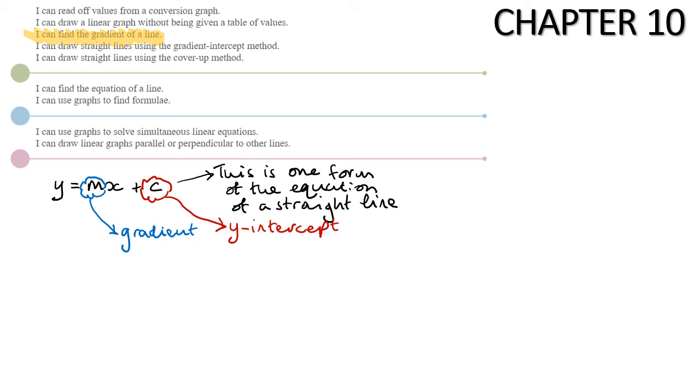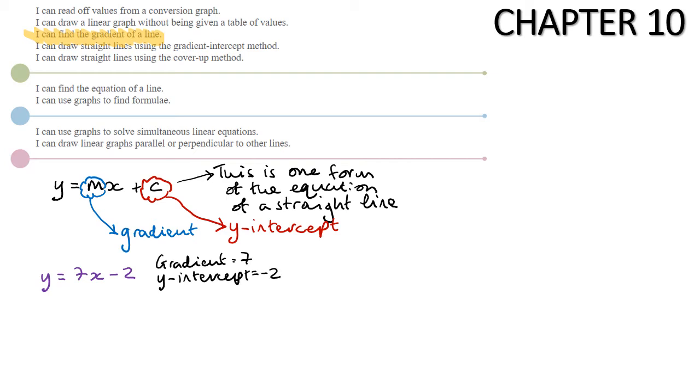So the number in front of x gives you the gradient, and the number on its own gives you the y-intercept. So here's a few for us to try. If I had y equals 7x minus 2, this line has a gradient of 7 and a y-intercept of -2. It crosses the y-axis at -2.